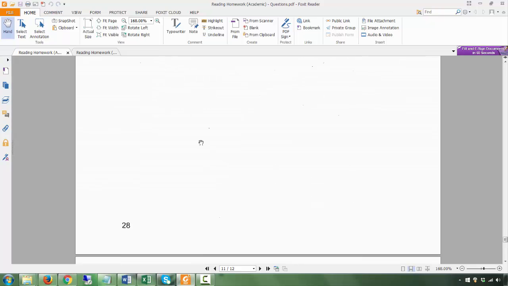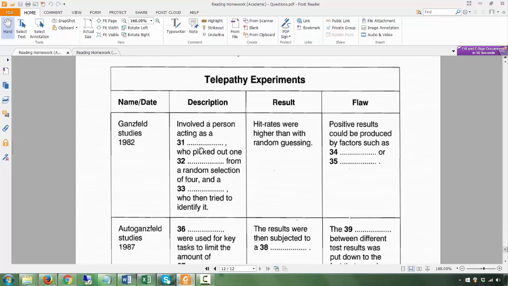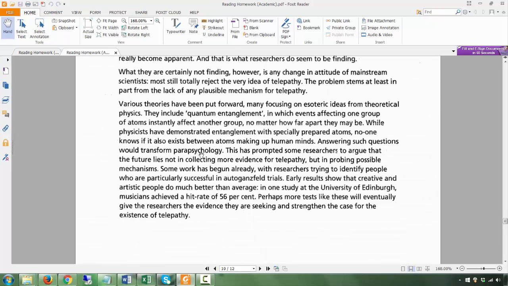Okay, so let's go to this. Questions 31, 32, 33, 34, and 35 relate to the Ganzfeld studies. It's going to be one portion. Where are the Ganzfeld studies here?